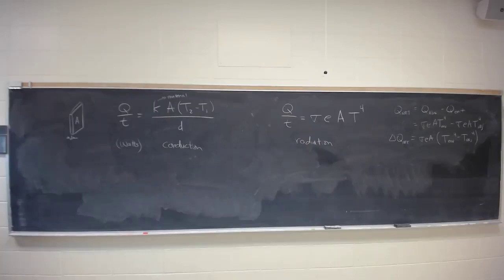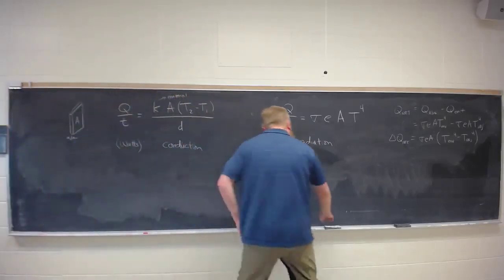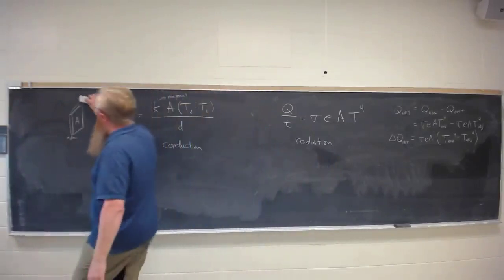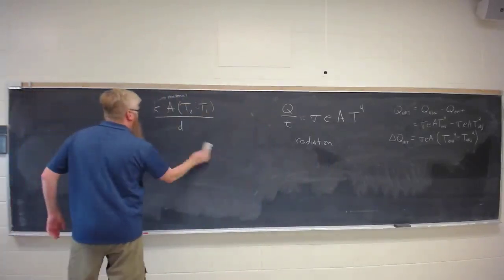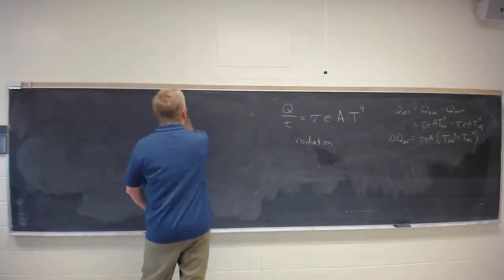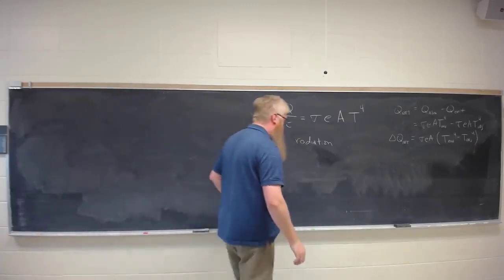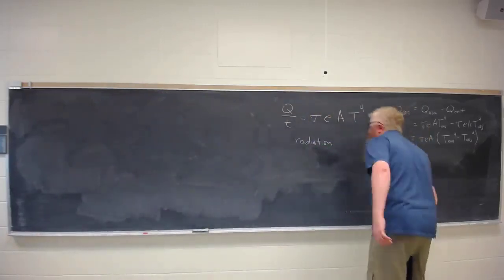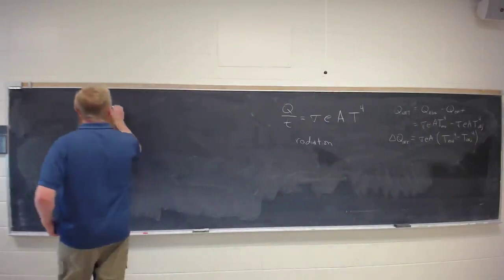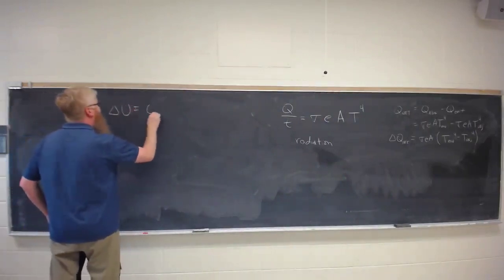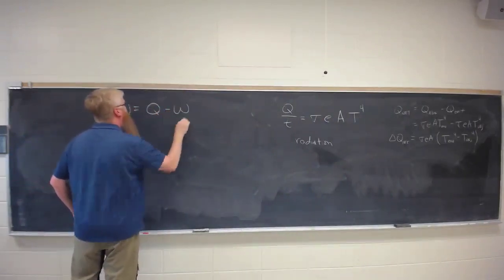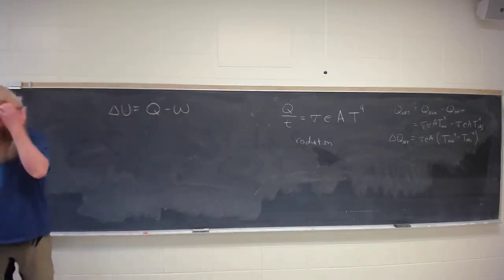Okay, so that moves into talking about the first law of thermodynamics, where the change in energy of a system, delta U, is equal to the heat added to the system minus the work done by the system.